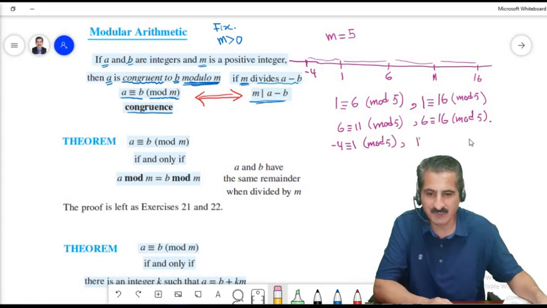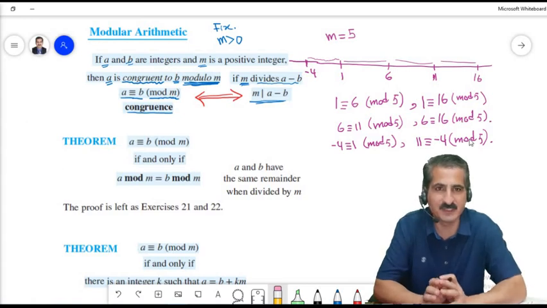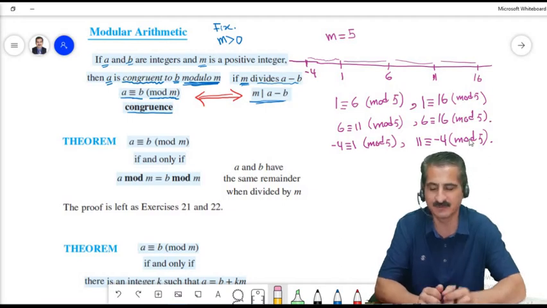I can say 11 is congruent to negative 4 modulo 5. And so on. Okay? So two integers are congruent modulo m if m divides the distance between them, or if the distance between the two integers is a multiple of m.